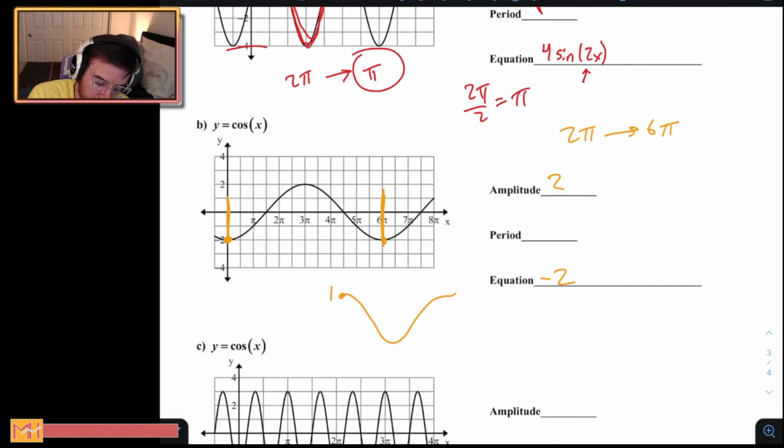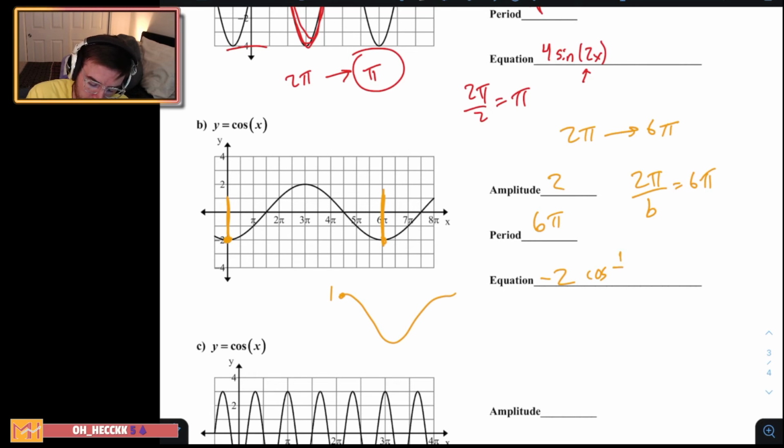So that means our period is 6 pi, and our b value is 2 pi divided by b equals 6 pi. Right? What is this b value that we're dividing by? 1/3. Yeah?